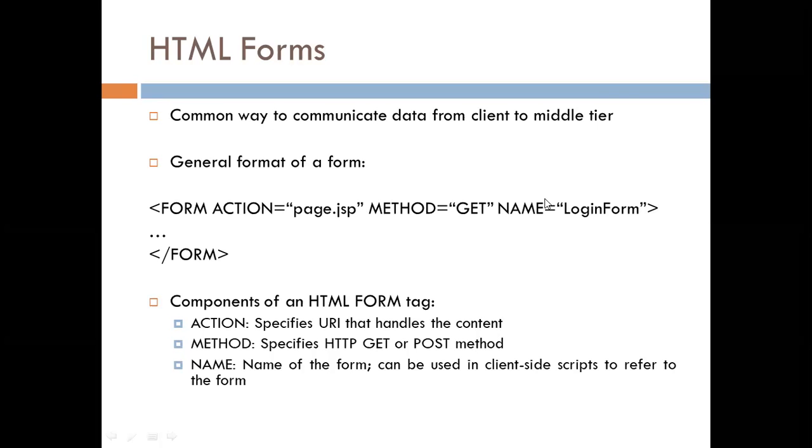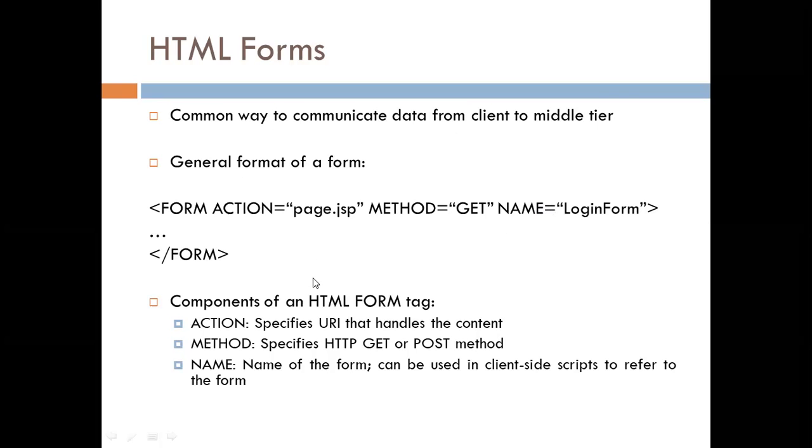Then name: the name of the form is login form. So a form is specified like this, and inside it we will write the text boxes to collect the username or password, and finally the submit button.